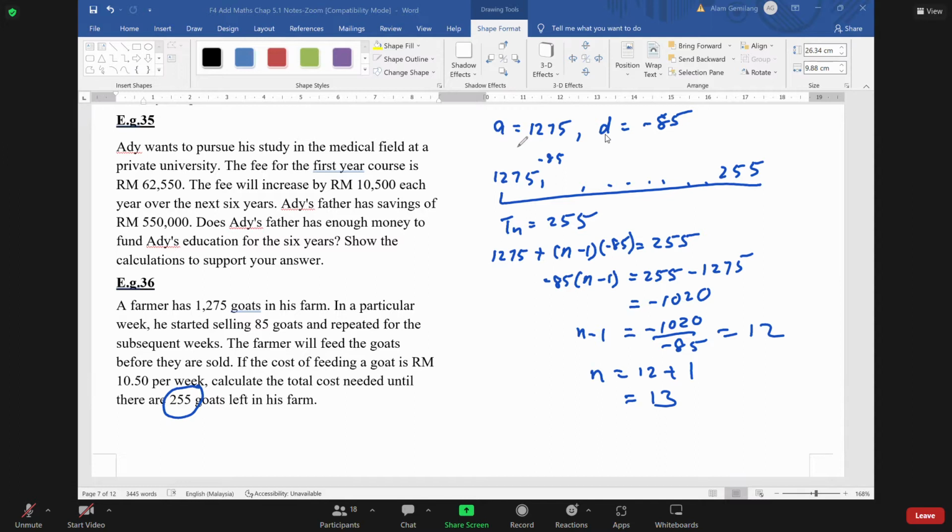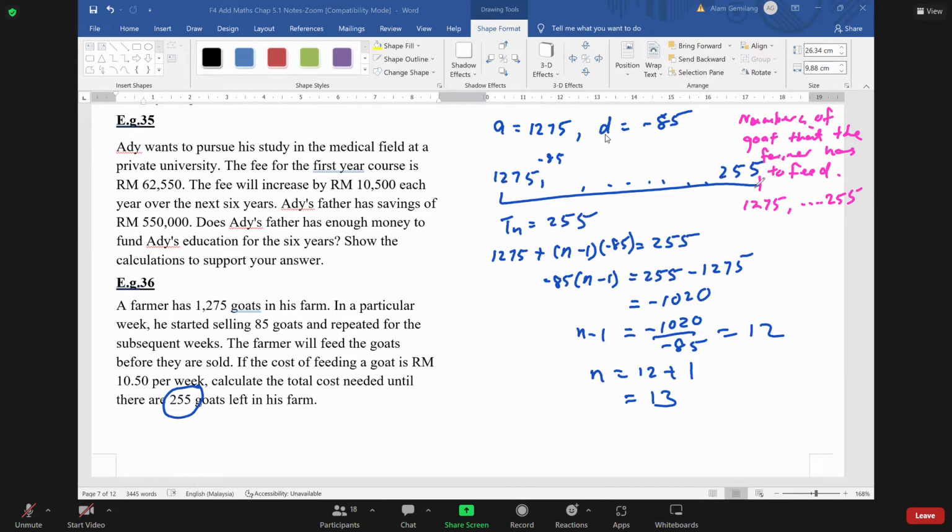So you find S13, right? The number of goats that the farmer has to feed, starting from 1275 until 255, so you have to add up.